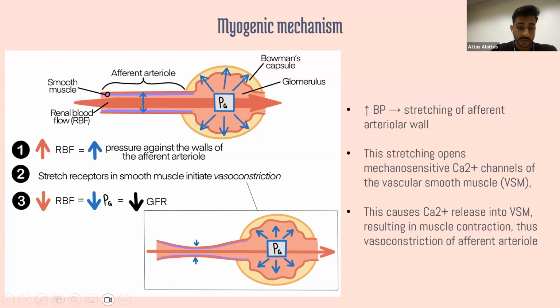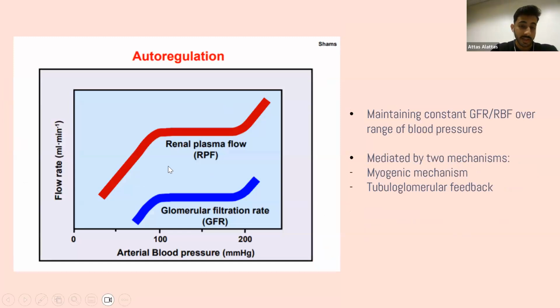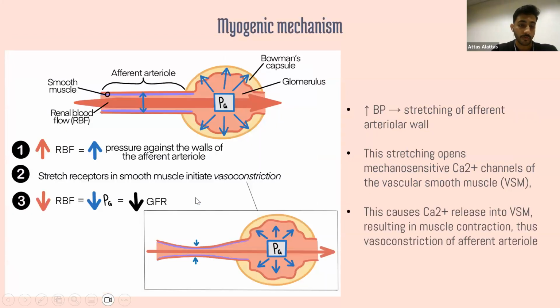And when it causes vasoconstriction, it will decrease the blood going to the kidneys. And because the blood going to the kidneys is decreased, it will cause a decrease in the GFR. And this is the reason why there is autoregulation. So from 100 to 200, this is what happens. If the pressure gets increased, this is one way of making sure the renal plasma flow and the GFR become constant. Is this mechanism clear?